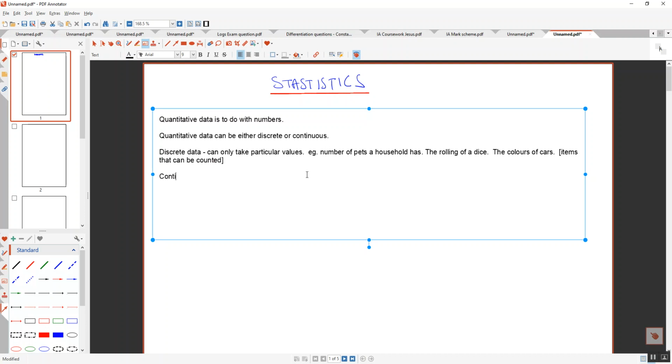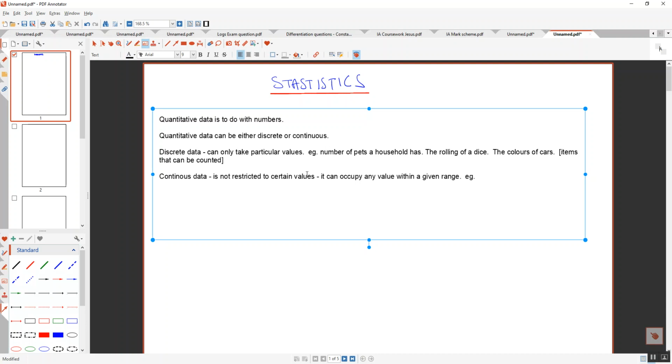Continuous data is not restricted to certain values. It can occupy any value within a given range.